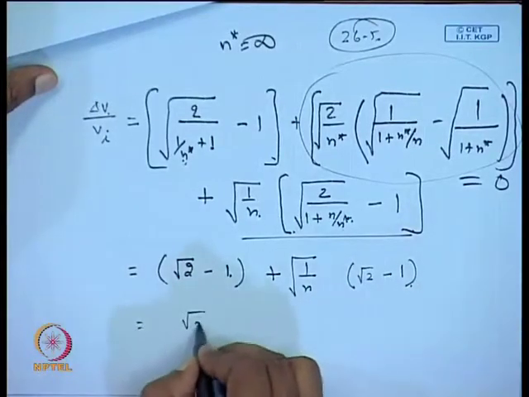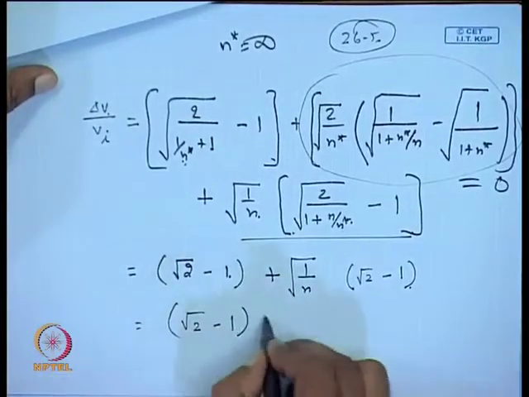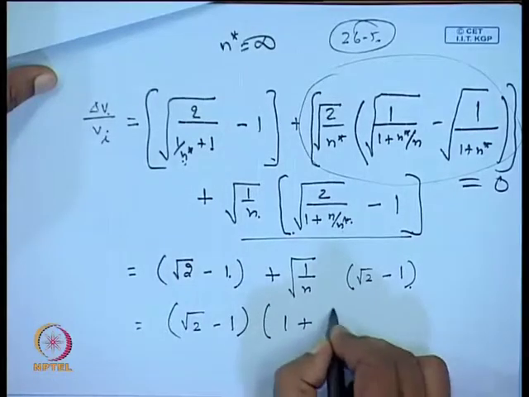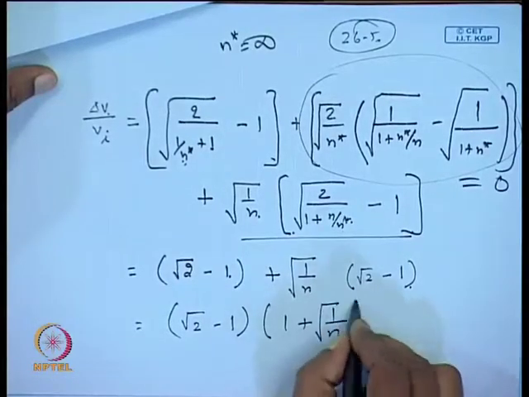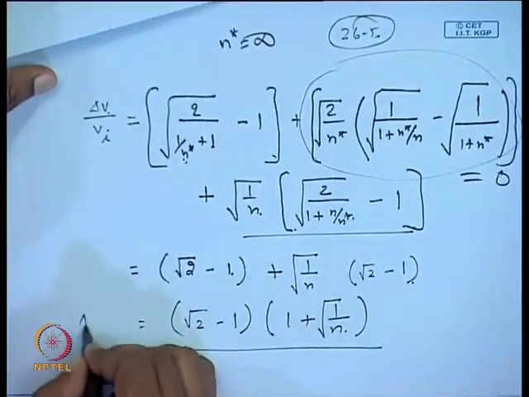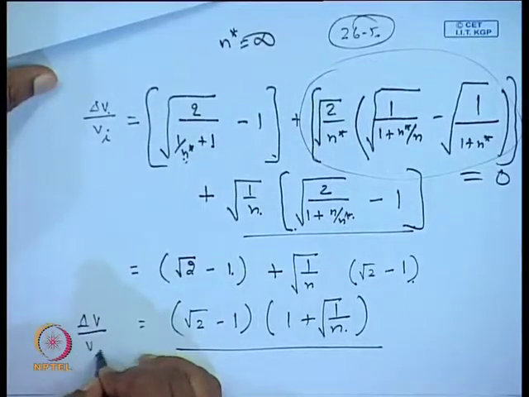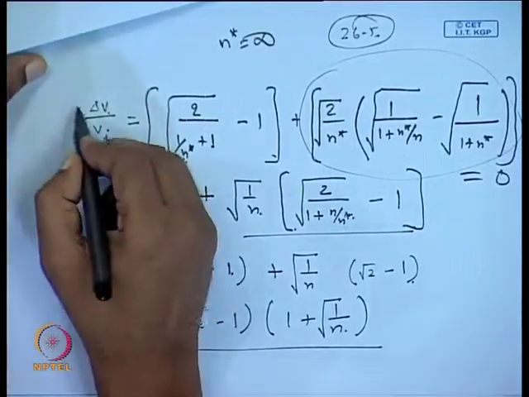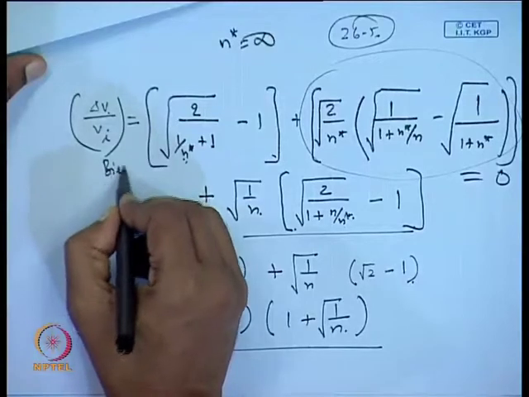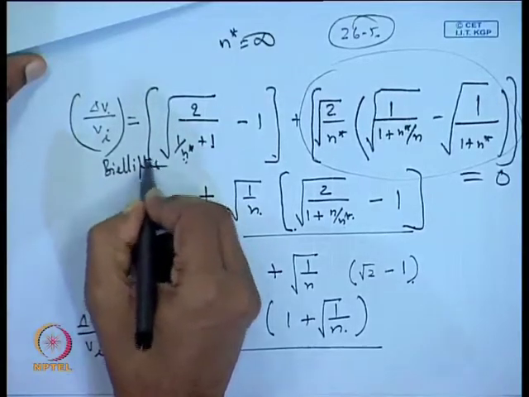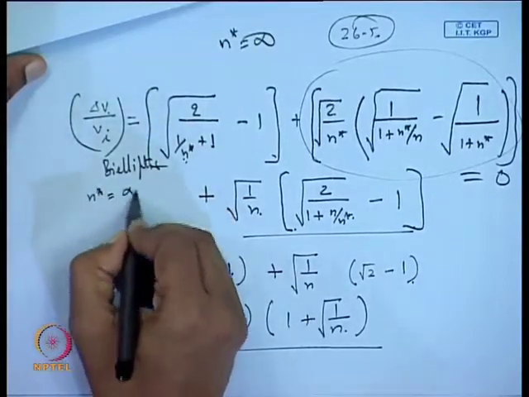So, this becomes under root 2 minus 1 times 1 plus 1 by n under root. So, delta V by V I, okay, and this is for bielliptic n star equal to infinity.